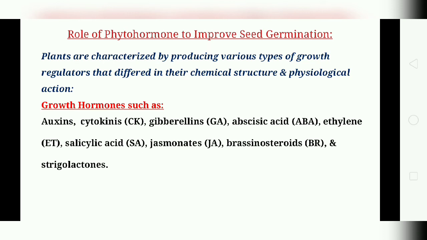Each of these plays an essential role in mediating plant defense responses against stress. During the early phase of seed germination, there is a decrease in jasmonate and salicylic acid content and an increased level of auxin. Both jasmonate and salicylic acid act as negative regulators of seed germination.